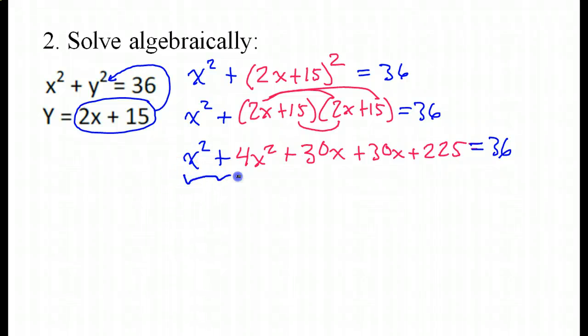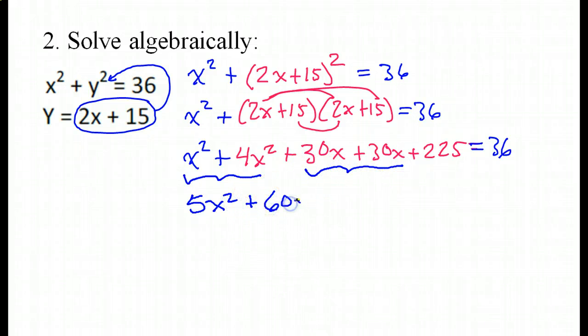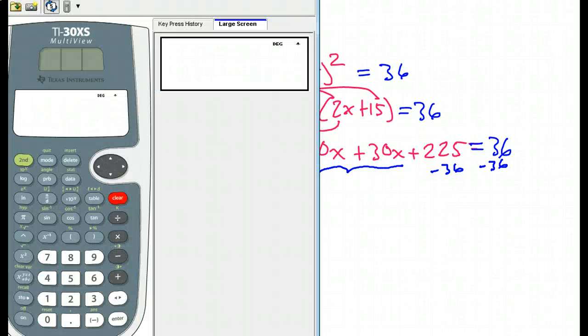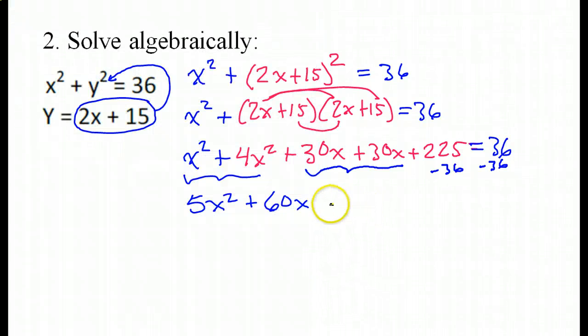Okay, so putting these together, we've got 5x squared. And putting these together, we've got 60x. And might as well go ahead and subtract this. So 189 is equal to 0.